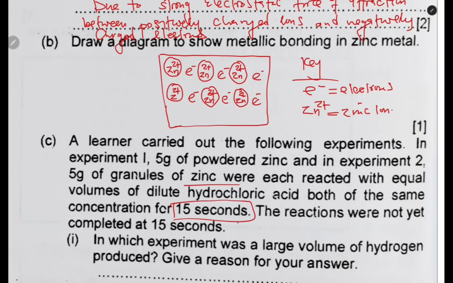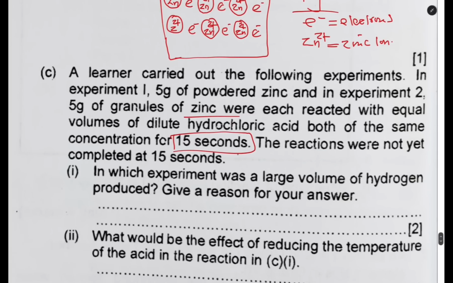The reactions were not completed at 15 seconds. In which experiment would a larger volume of hydrogen be produced? Give a reason why.